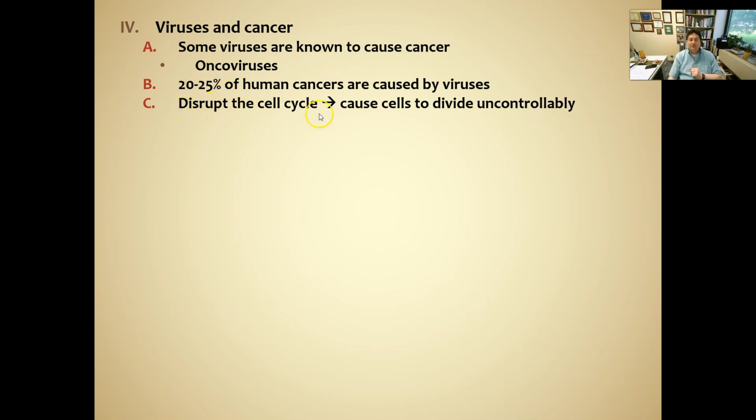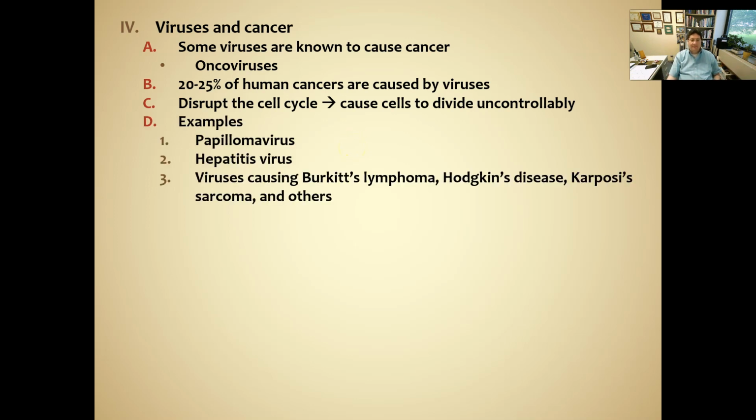Oncoviruses work by disrupting the cell cycle and causing cells to start to divide uncontrollably. So you end up getting a tumor, uncontrolled cell growth. Okay? Examples include papillomavirus, hepatitis virus, and viruses that cause these conditions here. Burkitt's lymphoma, Hodgkin's disease, Kaposi sarcoma, and others.